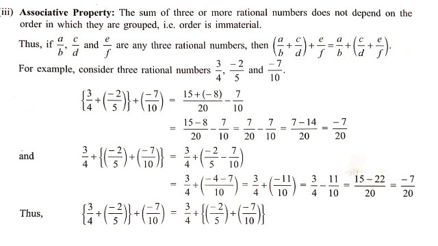Associative property is that the sum of 3 or more rational numbers in different orders does not depend on the order in which they are grouped. It is in different order. In the first case, I did 3 by 4 plus minus 2 by 5 as the first one, and then added them with minus 7 by 10. In the next case, I did minus 2 by 5 plus minus 7 by 10 first, and then added them with 3 by 4.